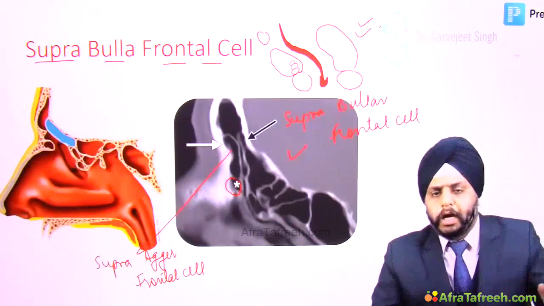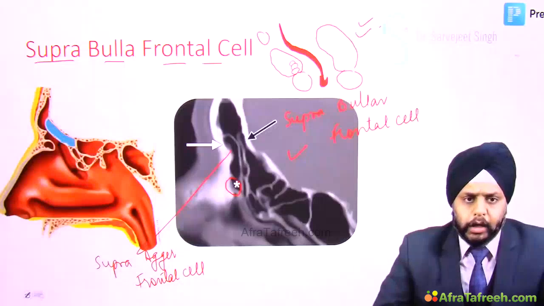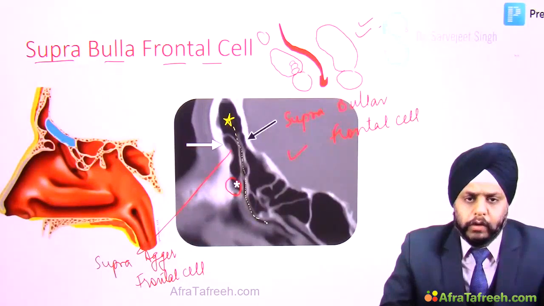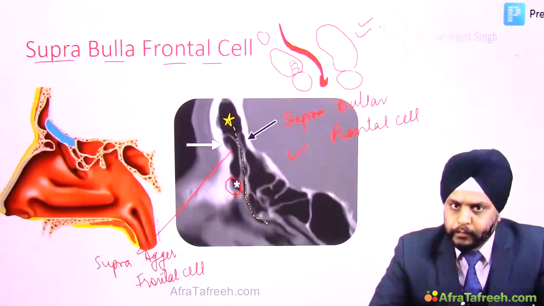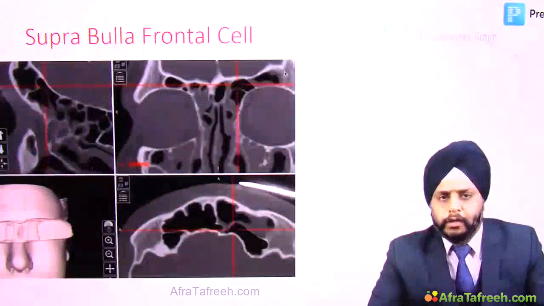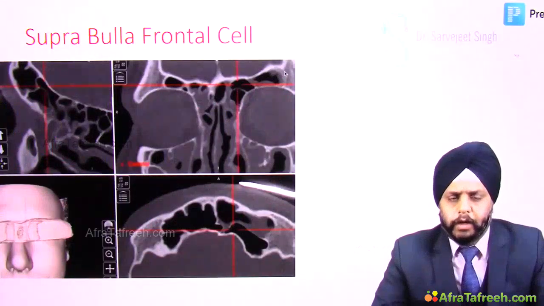So supra-agger frontal cell, suprabullar frontal cell, and what do you see about the drainage pathway of this frontal sinus? You see this is the frontal sinus, and you can see that this drainage pathway has become such a long, narrow and tortuous drainage pathway. So that is the suprabullar frontal cell.